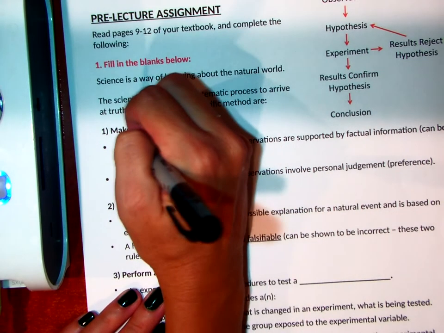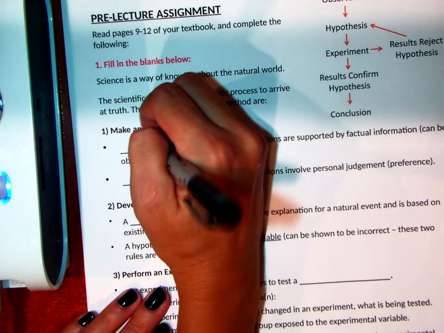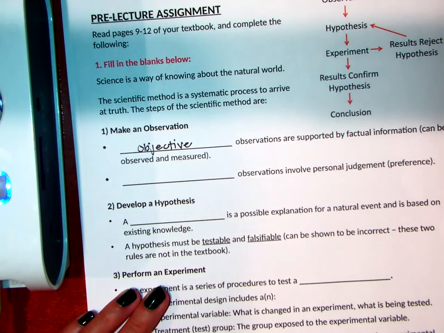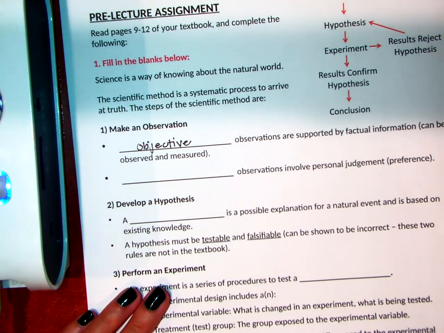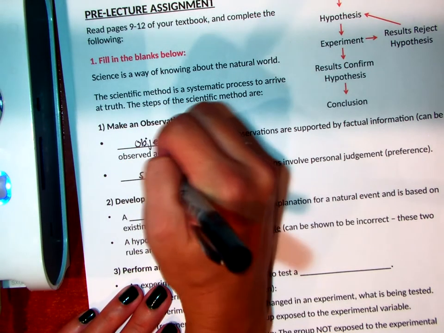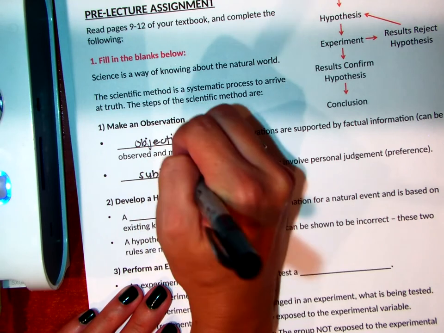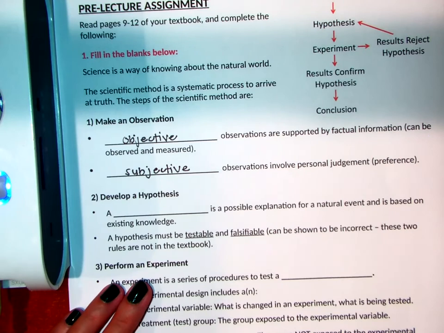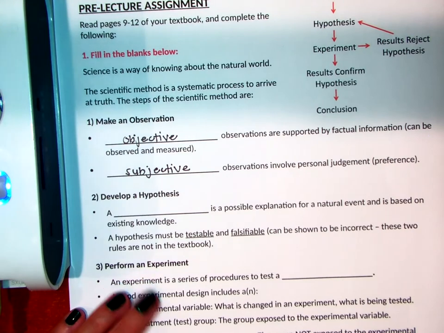Objective observations are supported by factual information and they can be observed and measured, while subjective observations involve personal judgment or preference.